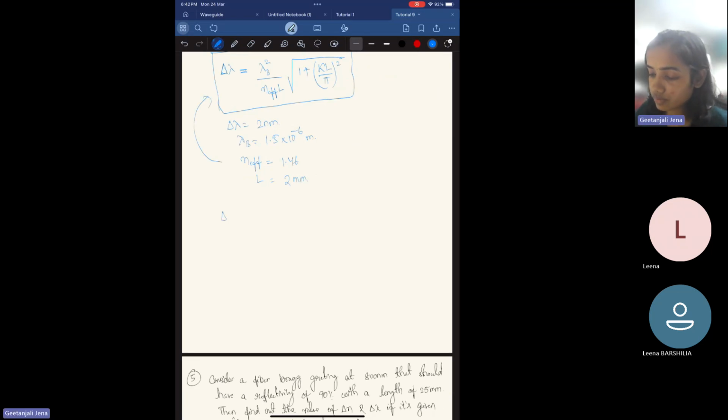We know all these parameters, only κ is not known, that we can find out.